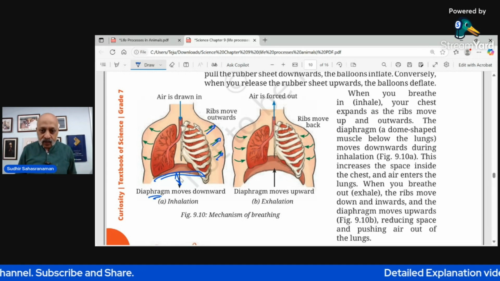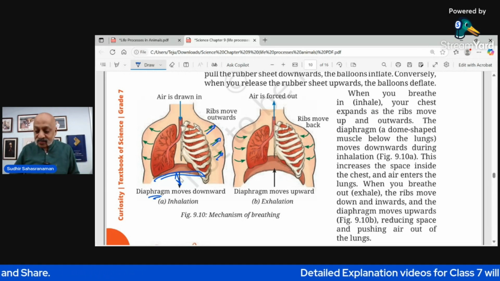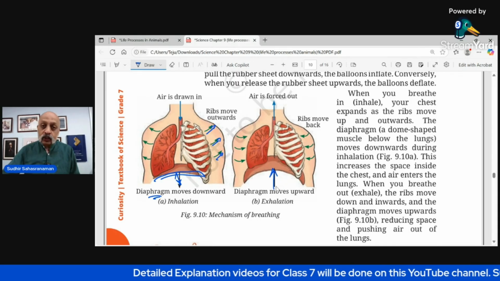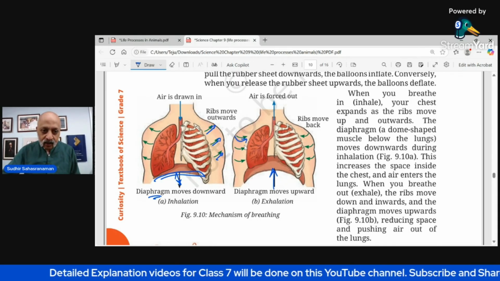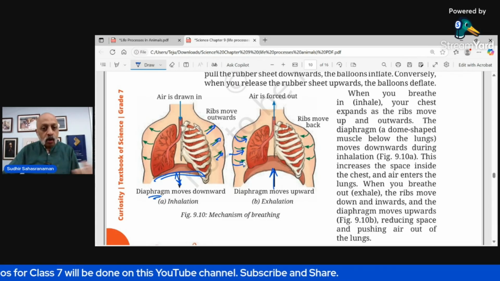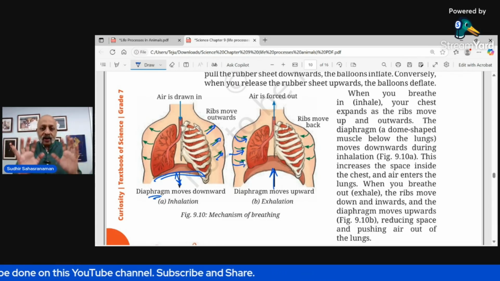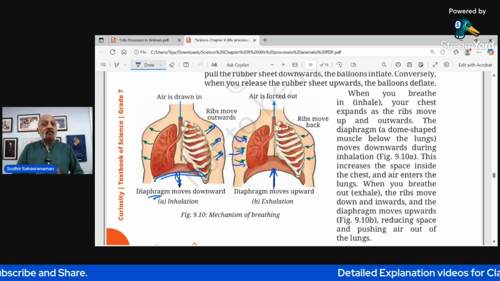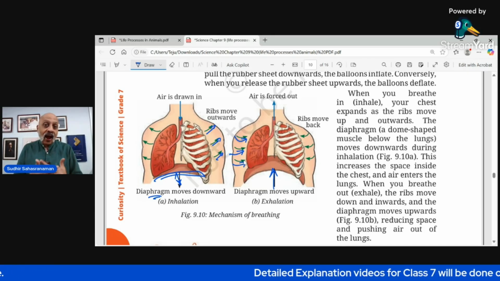But when you exhale, the diaphragm moves back to its original position, and the lungs and the ribs also move back to a deflated kind of position. That happens every time you inhale and exhale.